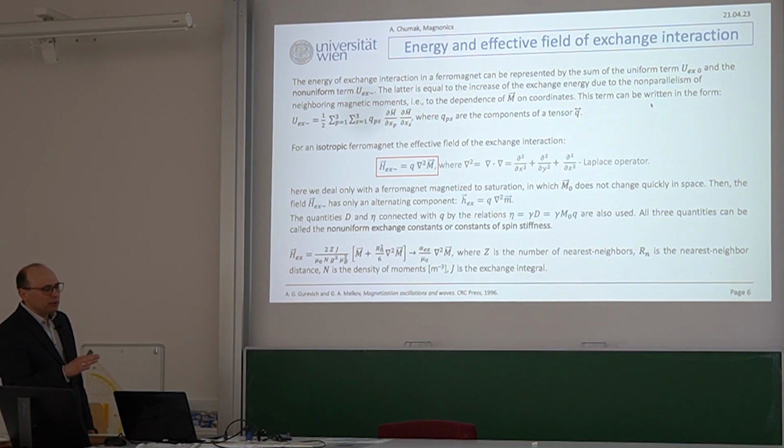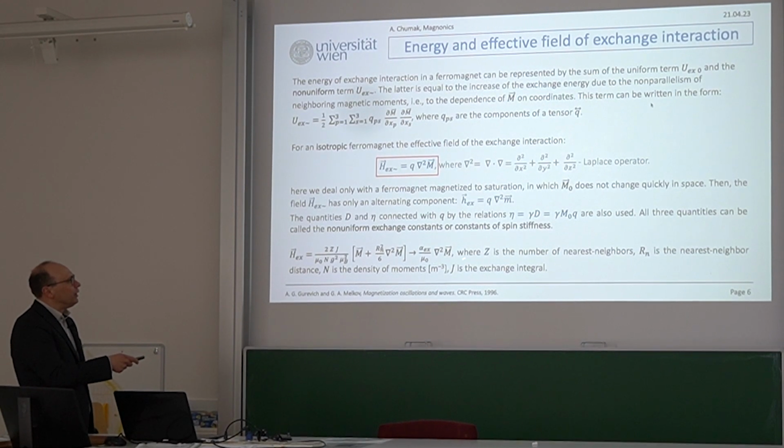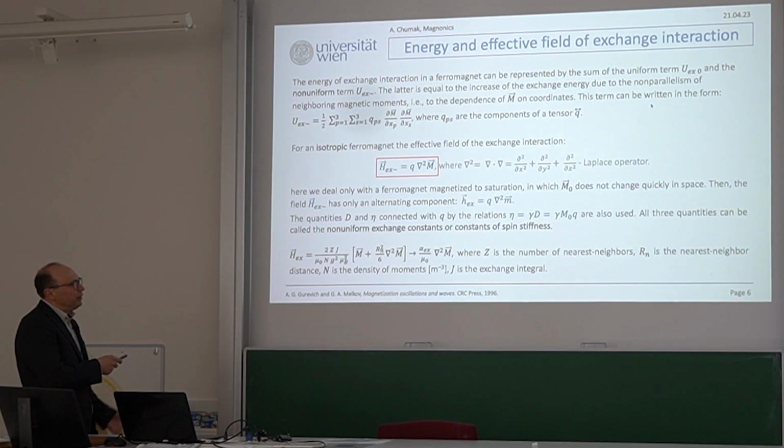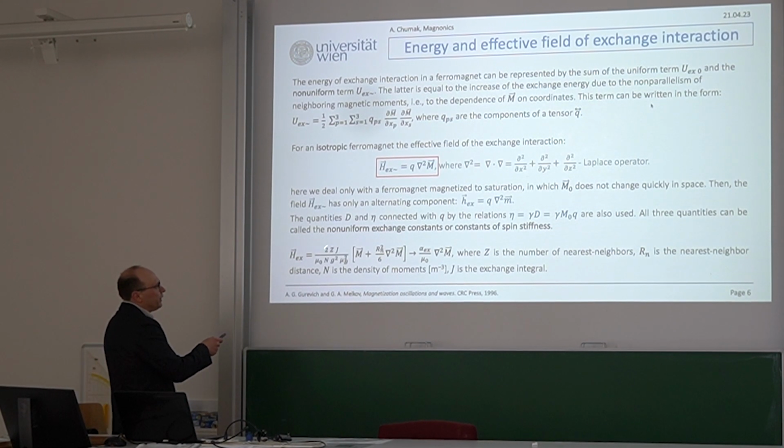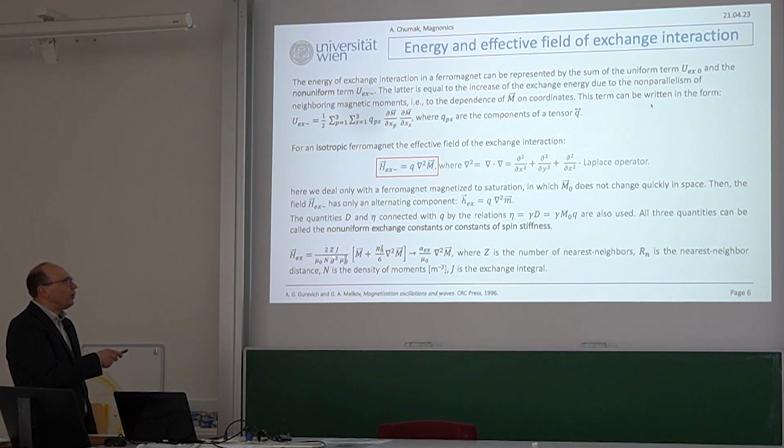If you want to have a better coupling to the Heisenberg model, which we described with this exchange integral J, then I place you this formula, which is more general, where we have z, which is the number of nearest neighbors, and r, which is the nearest neighbor distance, and so on. So if you are interested, it's a more detailed representation of the same thing.